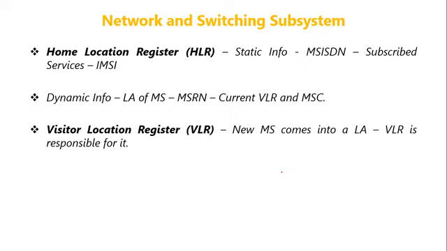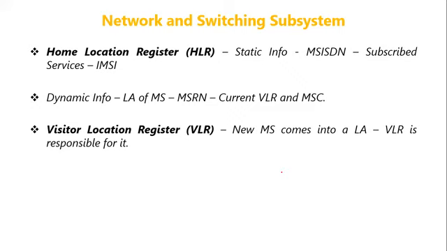The current VLR: currently he is connected with which VLR? If the user is staying in his home location, then he will be in his HLR location. But if he is traveling and staying somewhere else, then what is his current VLR? And that VLR comes under which MSC?